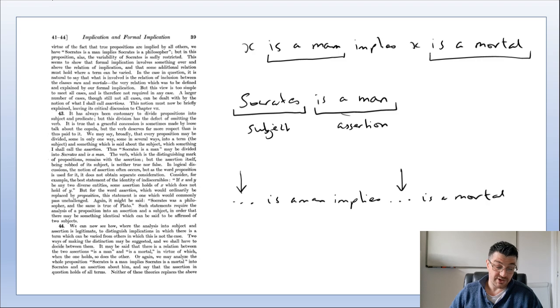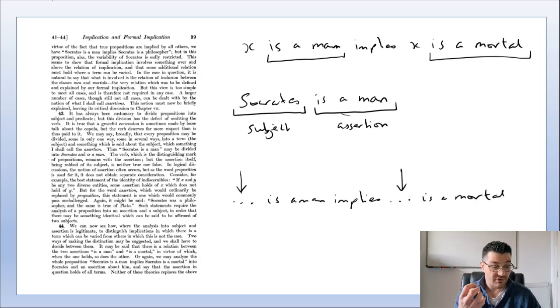I shall therefore, at any rate for the present, adopt the former view and regard formal implication as derived from a relation between assertions. In other words, Russell is taking the view that there is a relation between the two assertions, "is a man" and "is a mortal", in virtue of which when the one holds, so does the other.